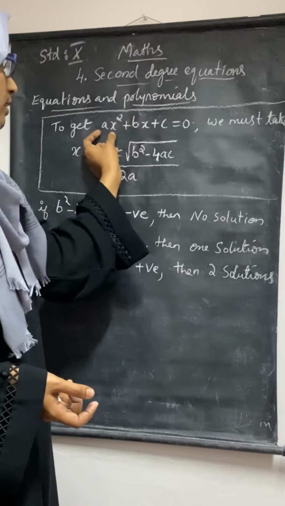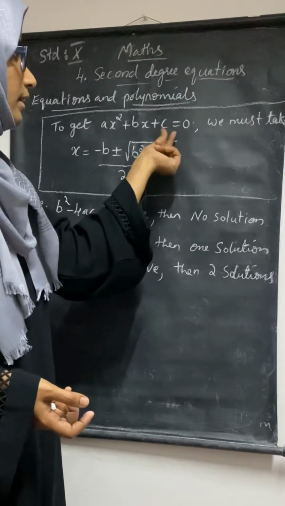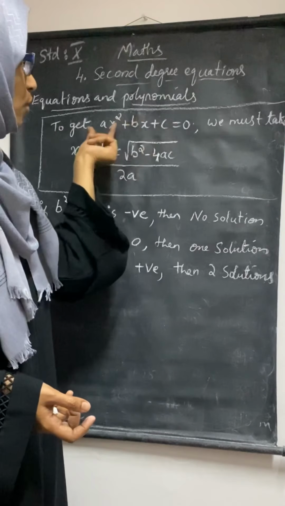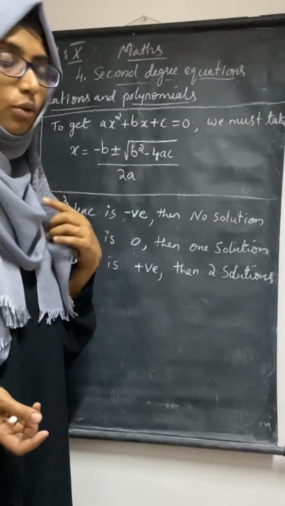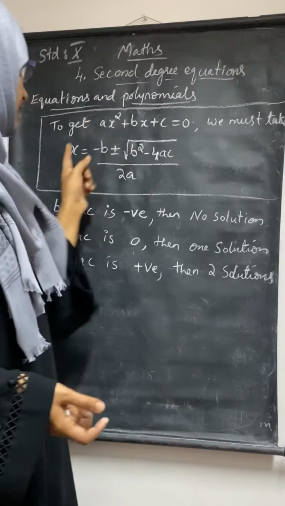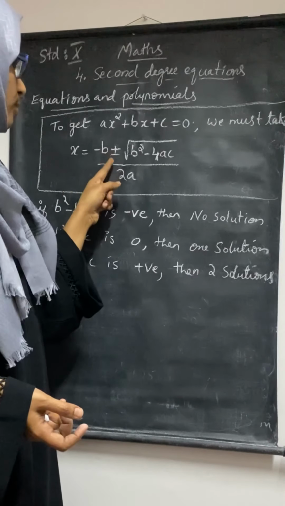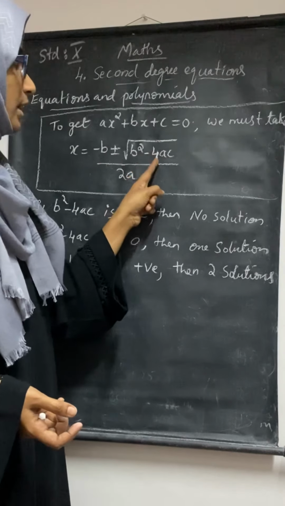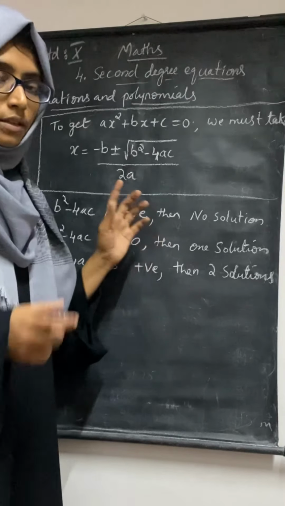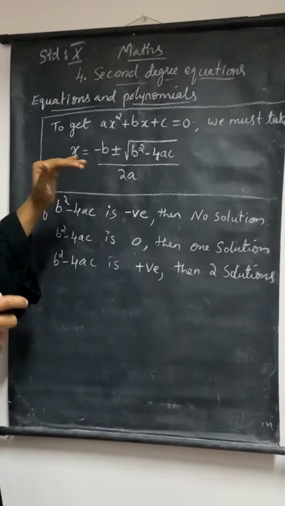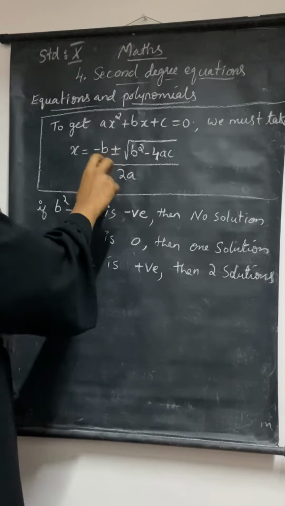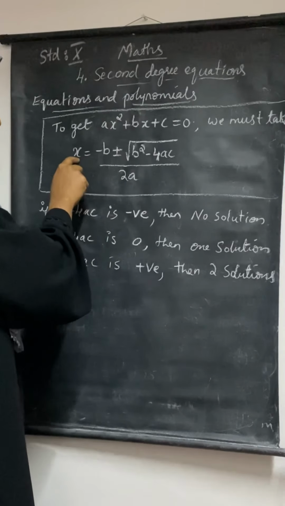The x square term will be there, the x term will be there, and the number term will be there, and after that it will be equal to 0. So we must take x is equal to minus b plus or minus square root of b square minus 4ac, by 2a. This is not difficult. At first, if you see it, it will feel difficult, but actually finding the x value is easy.